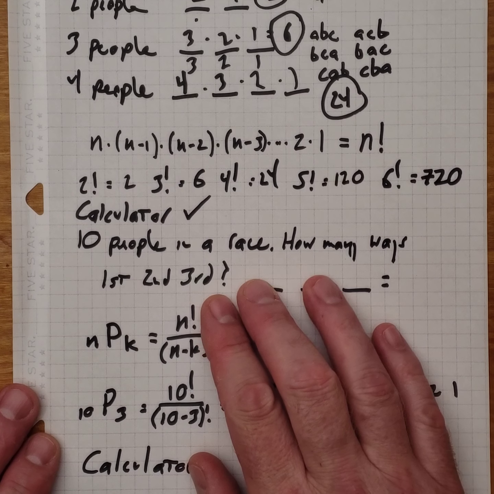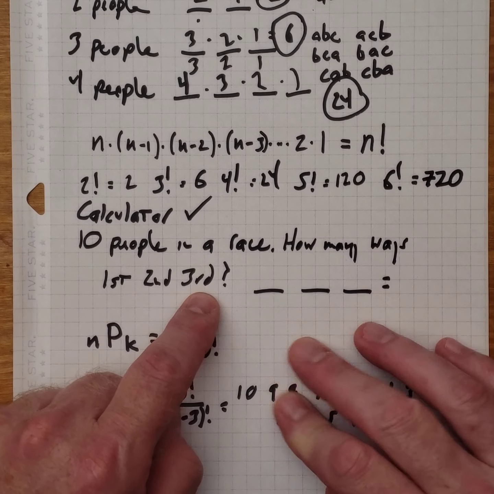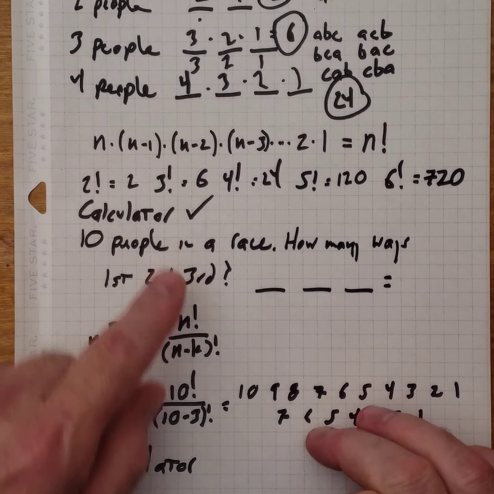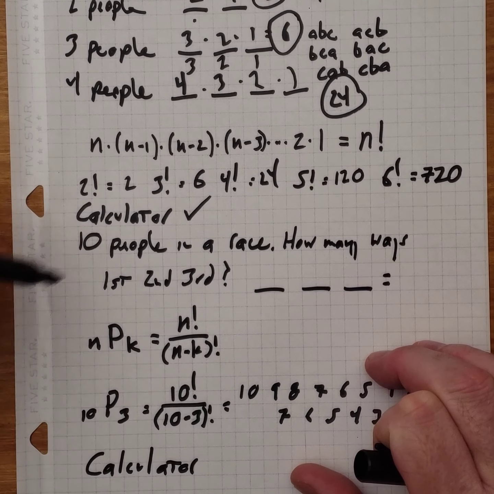Suppose we have 10 people in a race. How many ways can they come in first, second, and third, right? How many ways can the first 3 places be assigned or achieved by these racers? Think of it the same way we did up here. How many racers are eligible for first place? Well, it could be any one of 10 of them.